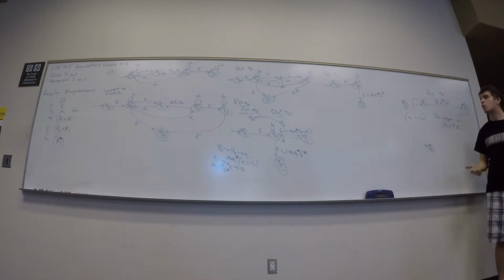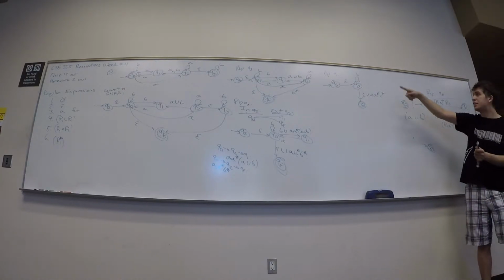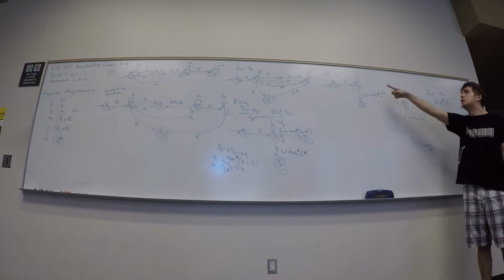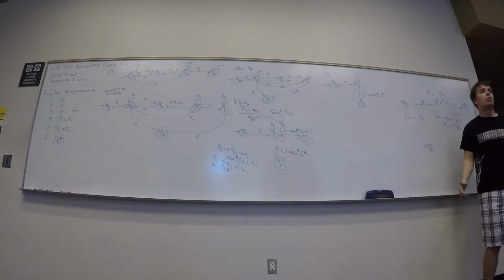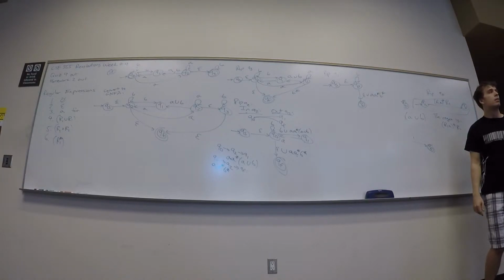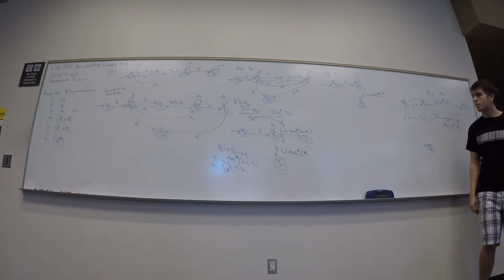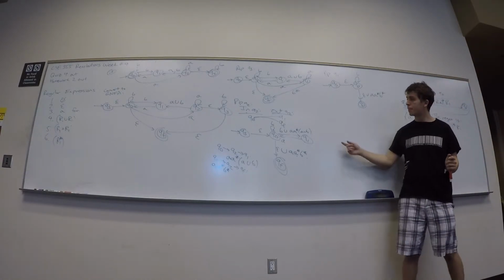So how do I find out what transition I'm going to be adding? From where to where? 0 to 0, yeah. So it's going to be a self loop, so I'm going to be unioning whatever it is with B. How do I find out what I'm going to be unioning it with? The transition from 0 to 1.